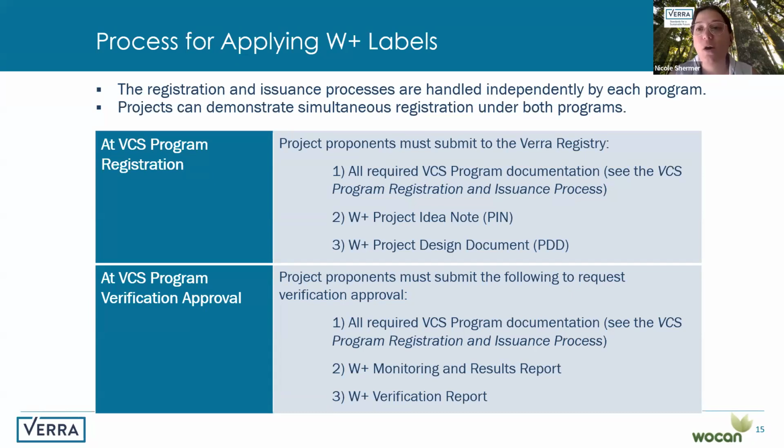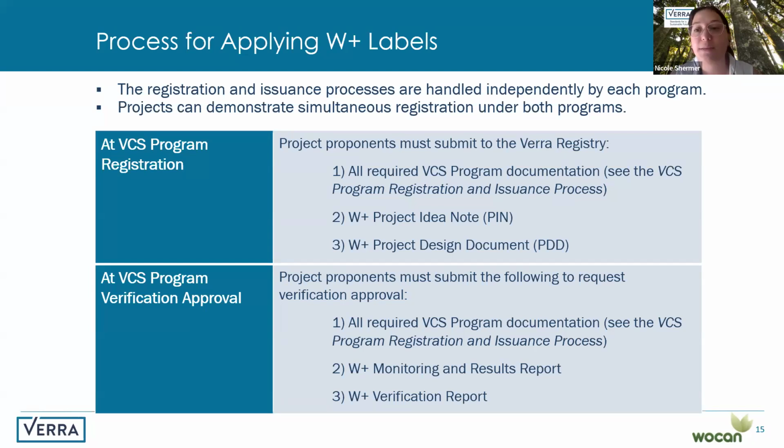uploaded to the Verra registry once that's been approved by the W+ coordinator through their independent process. So at VCS program registration, this would apply either to a project that is already registered under the VCS program that's now registering under the W+ program for the first time, or to a project that's not registered under both, but wants to register under both at the same time. You would submit all required VCS program documentation as normal for the normal VCS registration approval process.